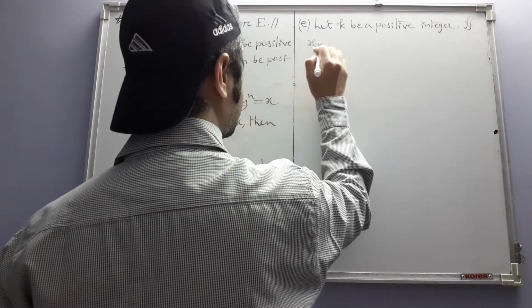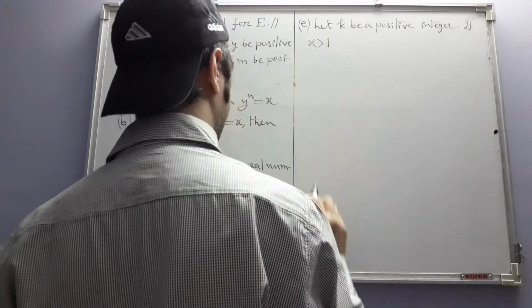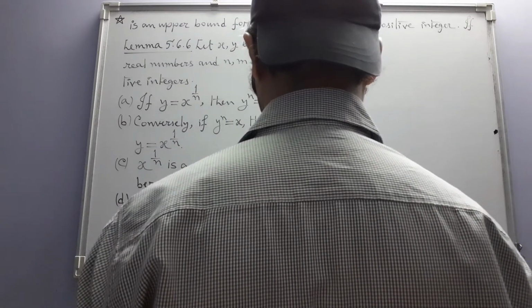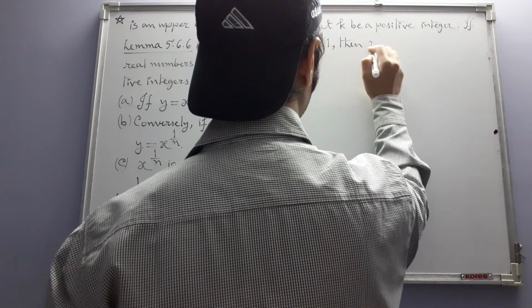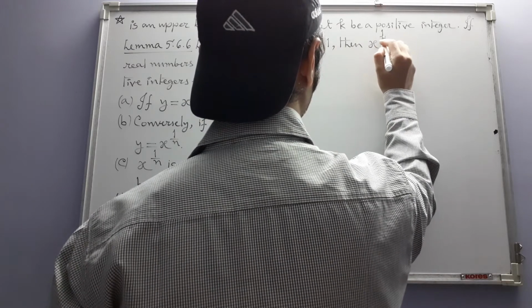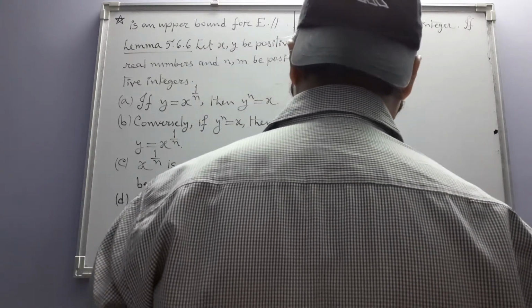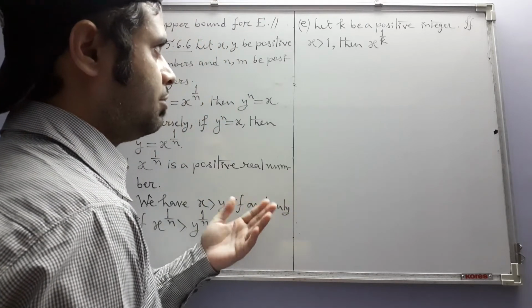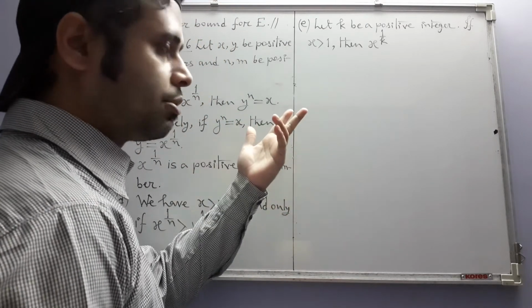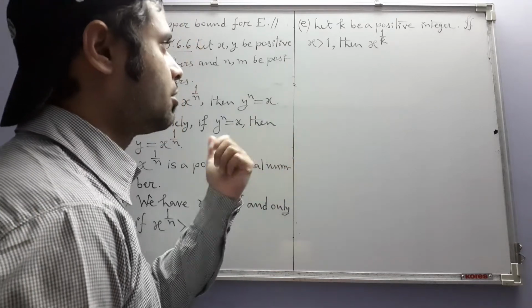If x is a real number that is greater than 1, then x to the power 1 by k, if we change k, becomes a function of k.